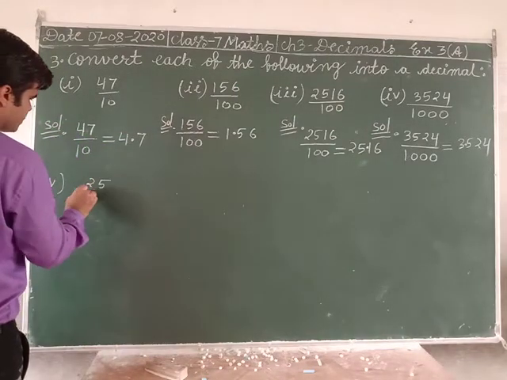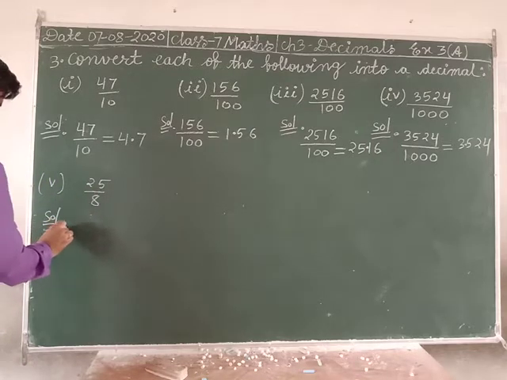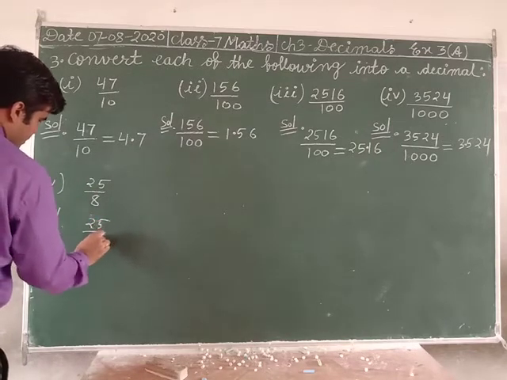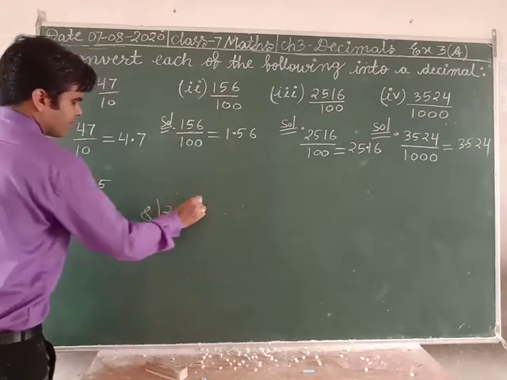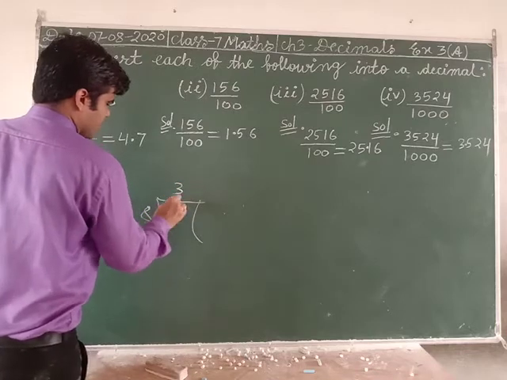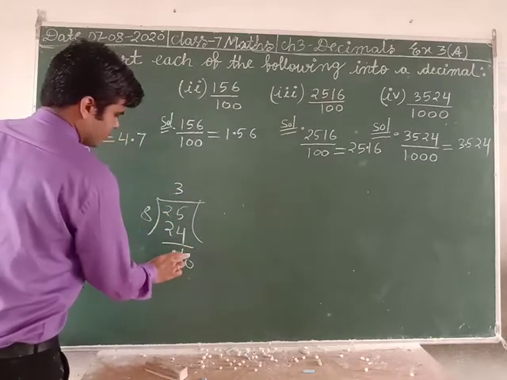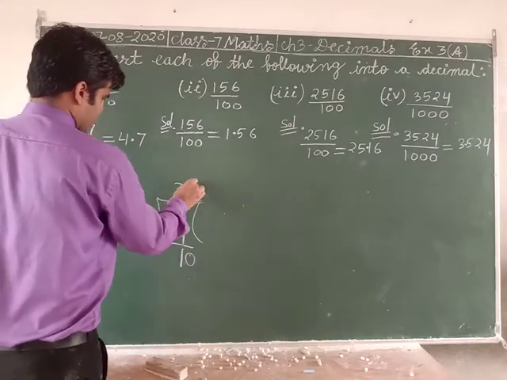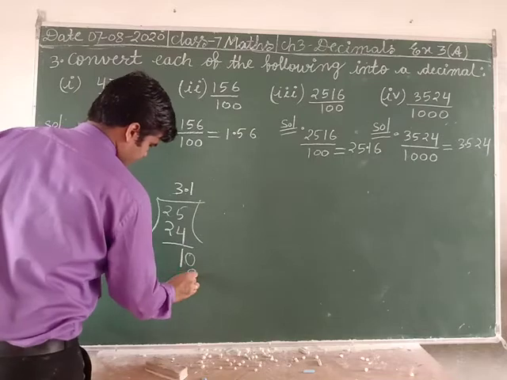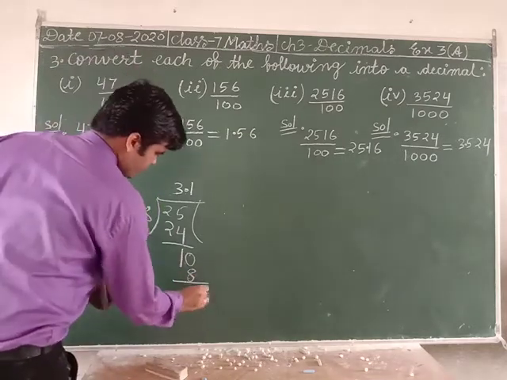Now students we will see question number 5. 25 upon 8. Now what happens? We have to divide it. We will divide 25 by 8 in rough. 8 3s are 24. Remainder 1. Here will be 0. 8 1s are 8. Here will be 2. Now we put here 0.